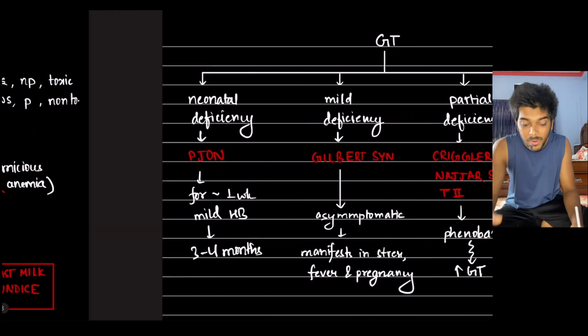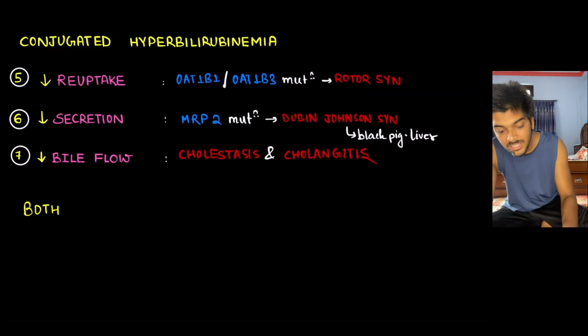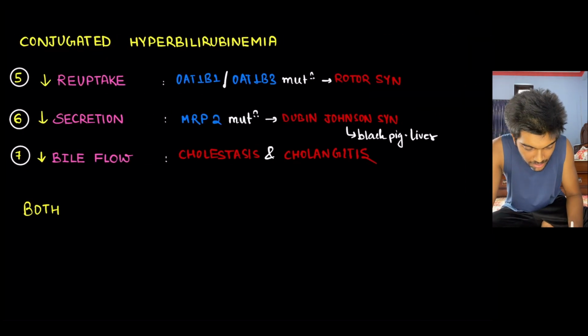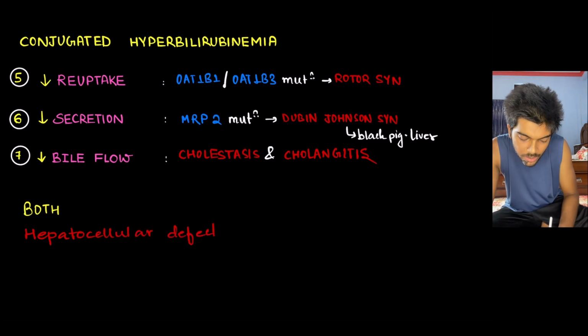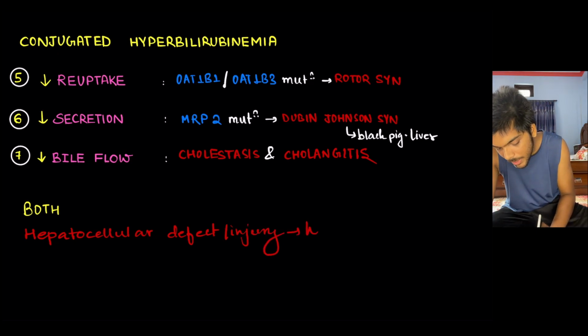And the inflammation of hepatocyte is seen when? It is seen in hepatitis. But then the better thing to say is hepatocellular defect. In hepatocellular defect or injury like hepatitis and cirrhosis.